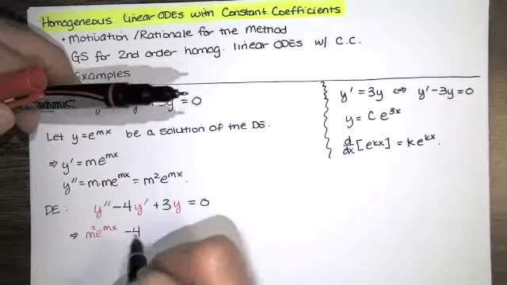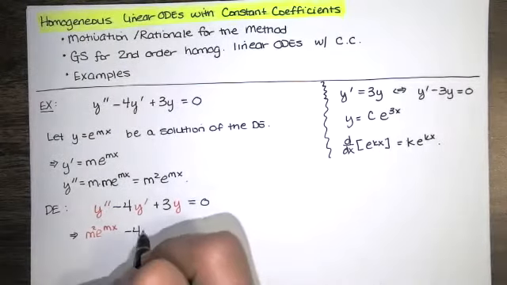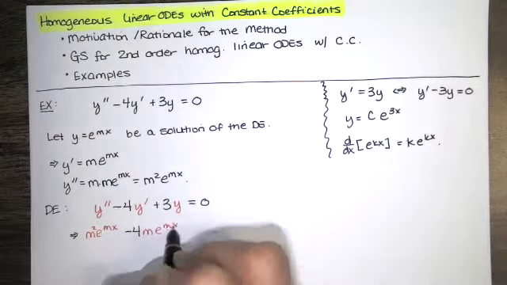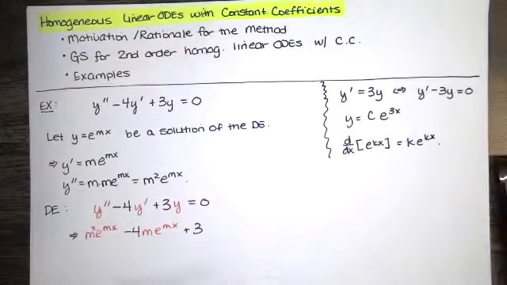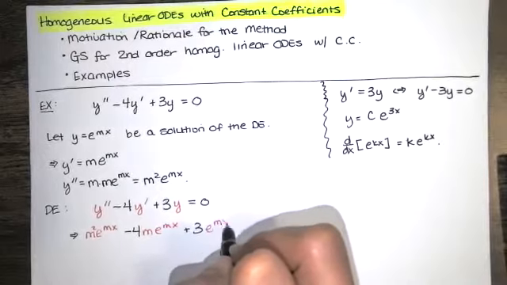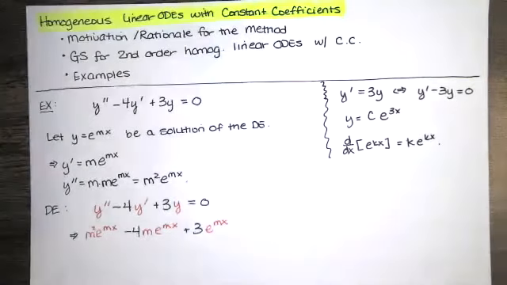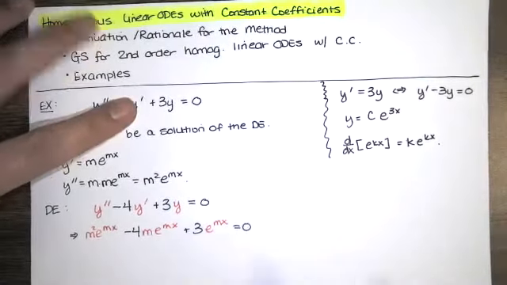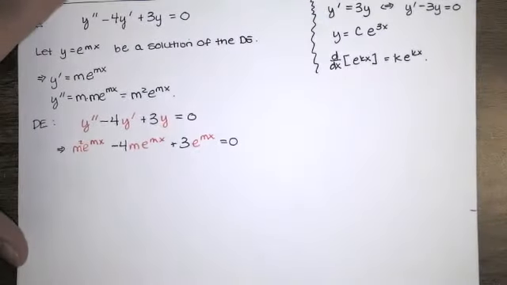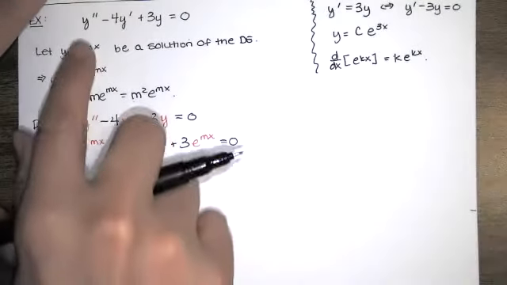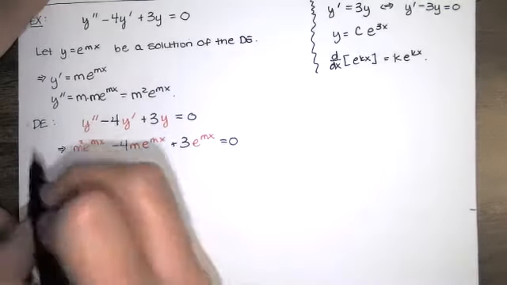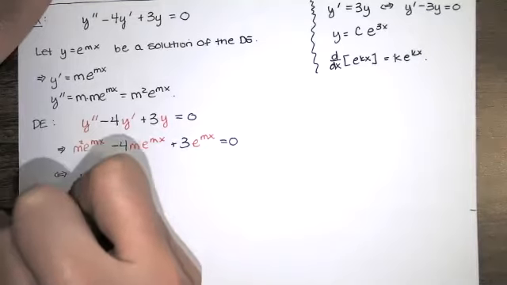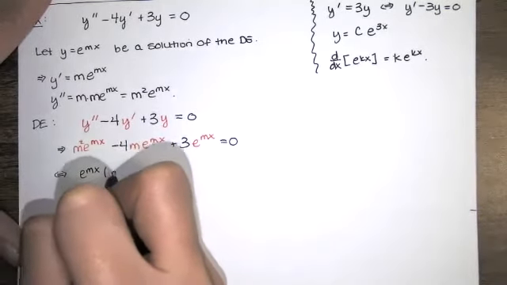And then y prime is m e to the mx. And y is e to the mx. And that equals 0. So if this is a solution to the differential equation, m has to satisfy this equation. And that equation is equivalent to this equation. Just factor out that e to the mx.